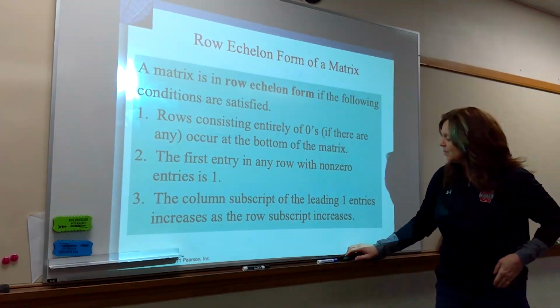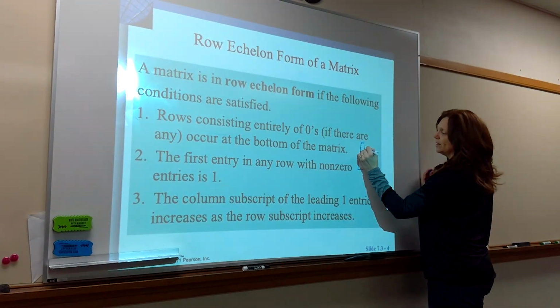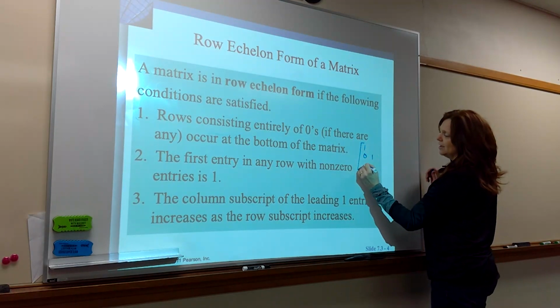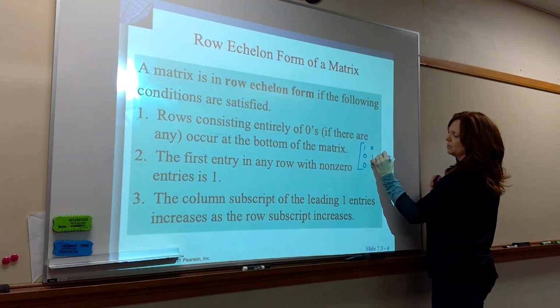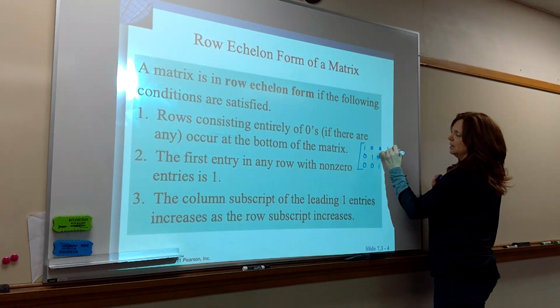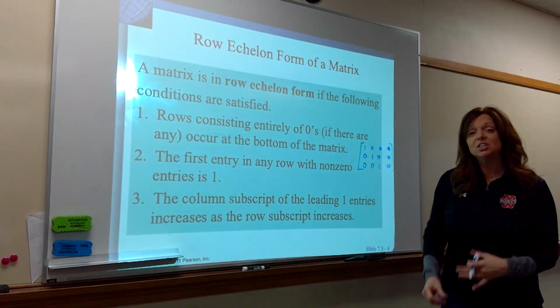Row echelon form is what we just showed you. You have a 1 for x, and then a 0 and a 1, then a 0, a 0, and a 1. You have numbers here, numbers here, and then numbers here. It'll put it into row echelon form if you ask it to.